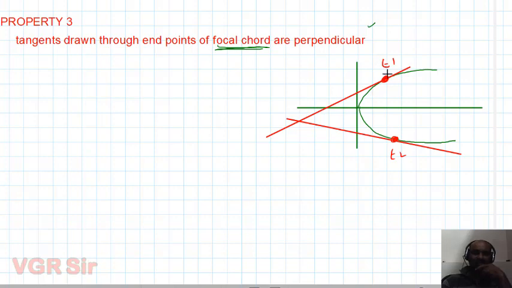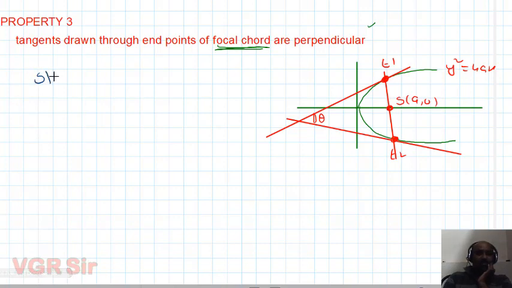Join T1, T2 and extend; assume that it passes through the focus (a, 0). Then only it is called a focal chord. So our parabola is y square equal to 4x. Let this be theta. Now you want to show that theta equals 90 degrees. Important property: tangents drawn through the endpoints of any focal chord are always perpendicular, or the angle between them is 90 degrees.